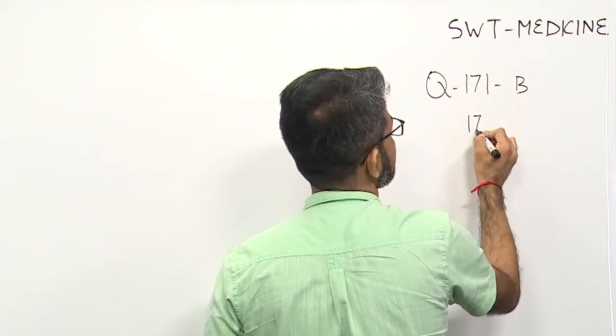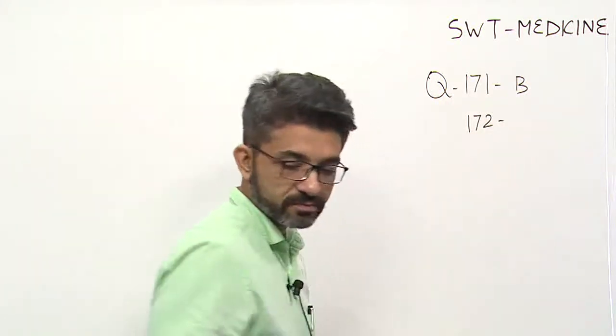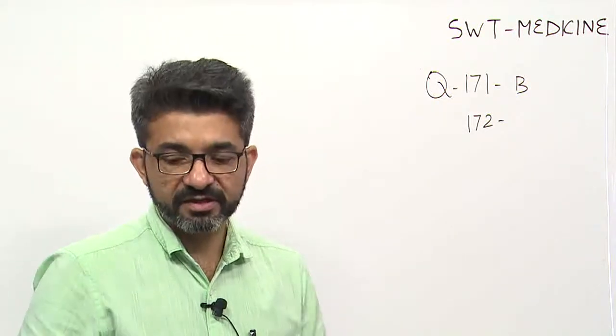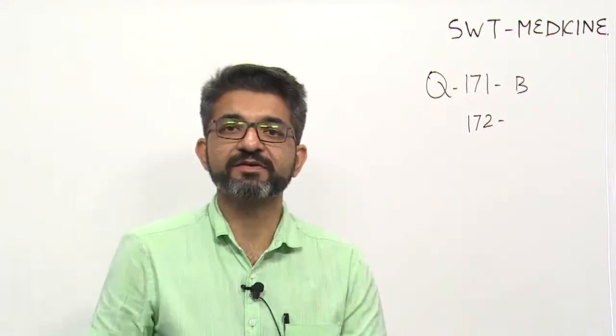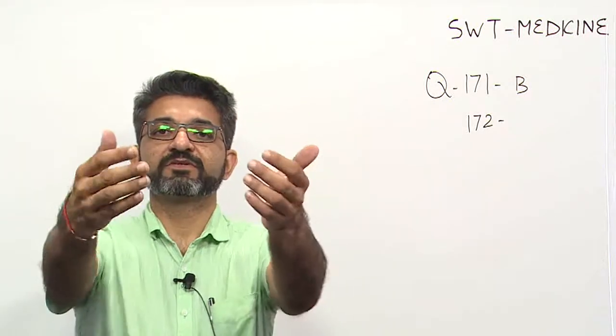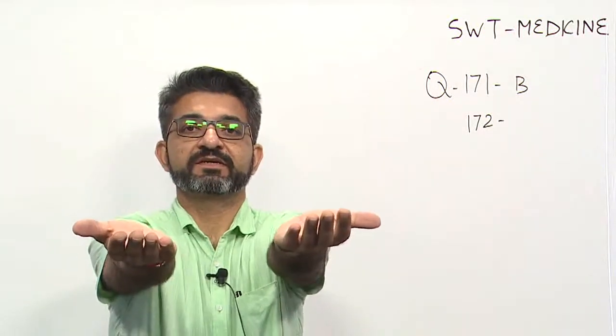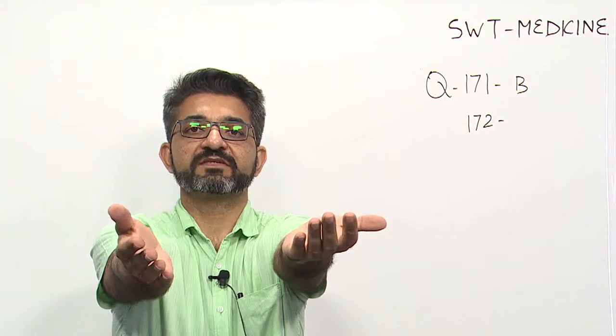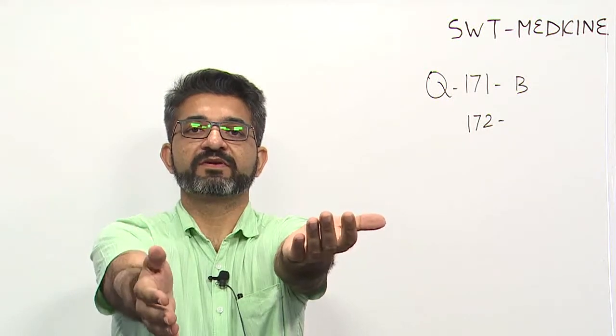Question number 172. Pronator drift is seen in which condition? What is pronator drift? You ask the patient to outstretch his hand, and after some time the hand which has spasticity will drift downwards.